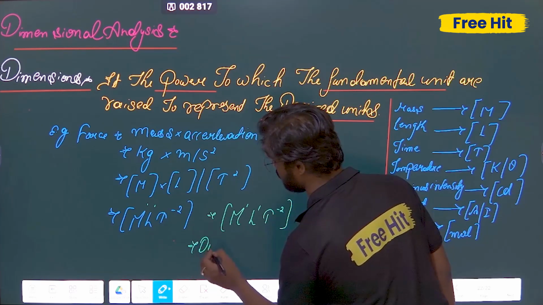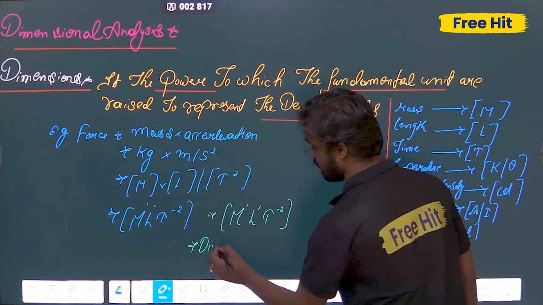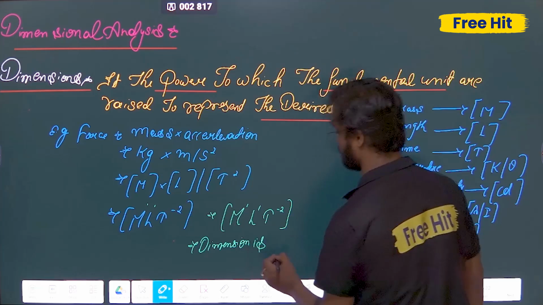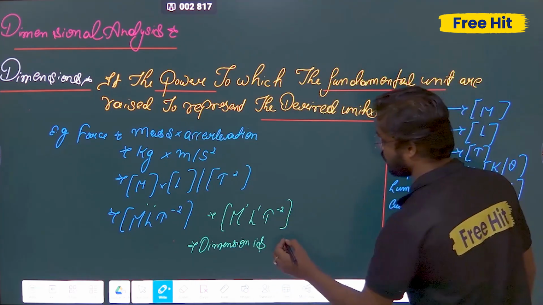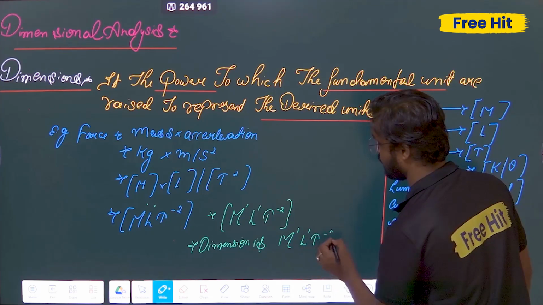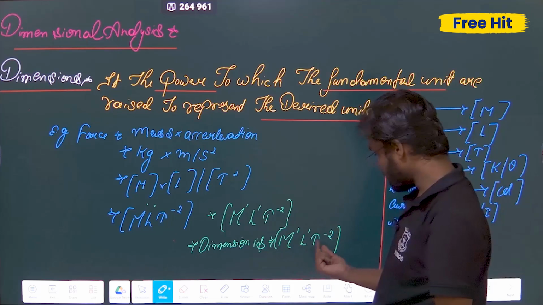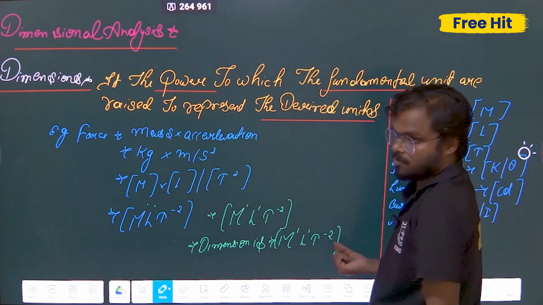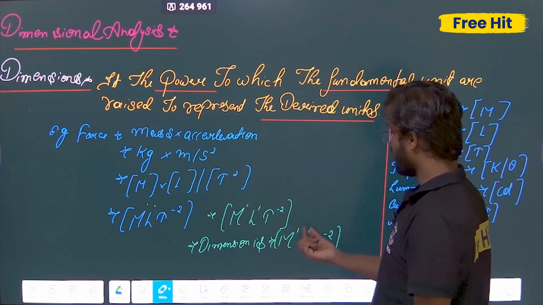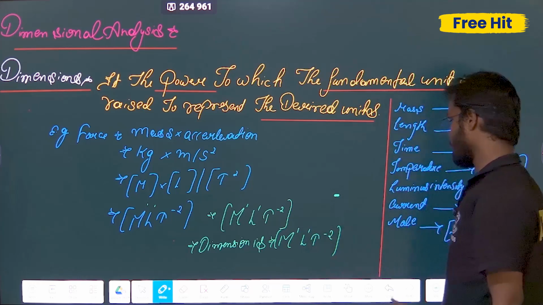The dimension is M1 L1 T minus 2. These powers are the dimensions, so the dimension of force is M to the power 1, L to the power 1 and T to the power minus 2. That is going to be the dimension.